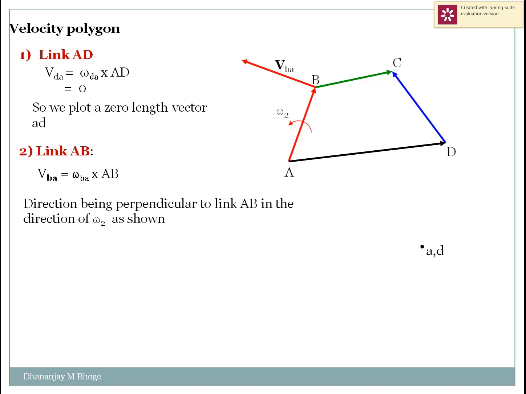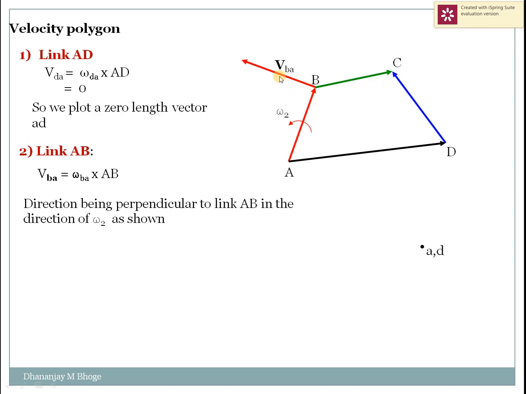So this vector is for VBA, velocity of B relative to A, in this direction. Out of these 2 points A and B, we have point A with us. The vector representing the velocity of B relative to A must pass through points A and B. So we have point A with us, so we'll make this vector pass through A.